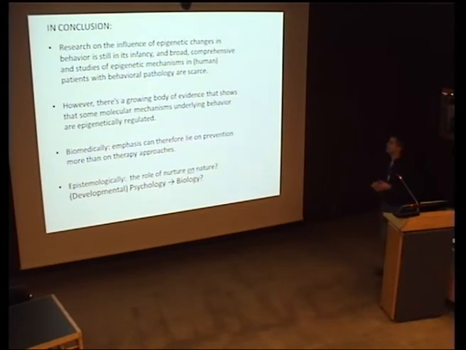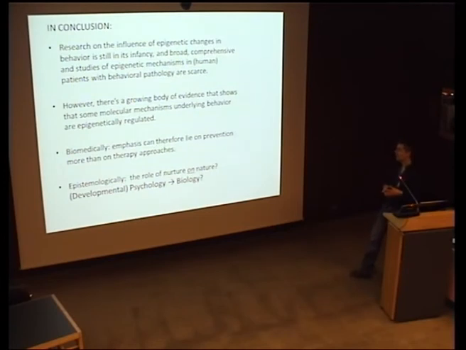In conclusion, the research on the influence of epigenetic changes in behavior is still in its infancy, I would say in the womb. And broad, comprehensive and well-designed studies of epigenetic mechanisms in human patients with behavioral pathology are scarce. However, there's already a growing, however slowly, body of evidence that shows that some molecular mechanisms underlying behavior are epigenetically regulated.